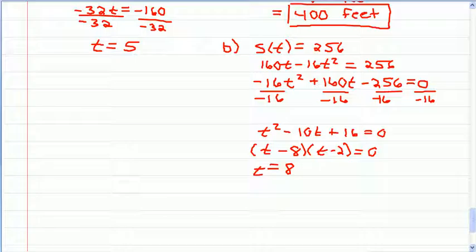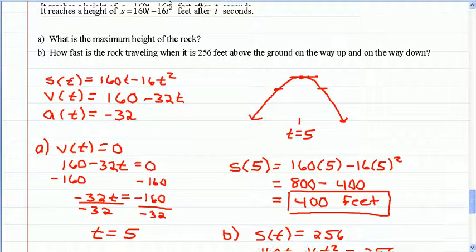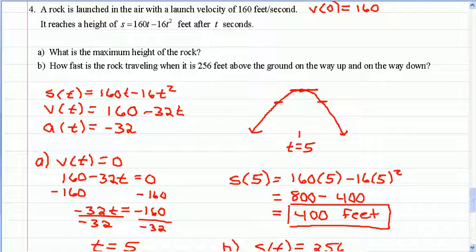So at 8 seconds and at 2 seconds, the rock has a height of 256 feet. So the first one is 2 seconds, and the second one is 8 seconds.